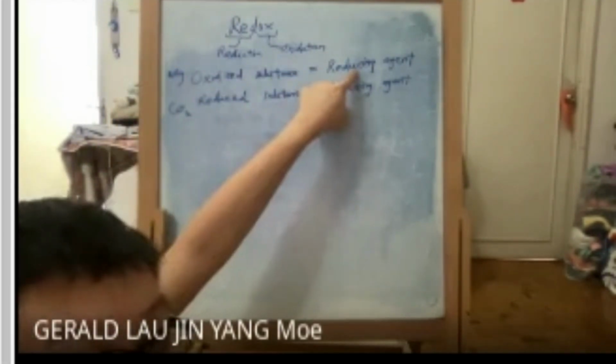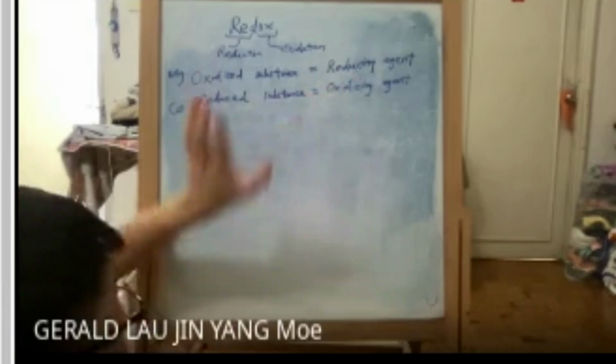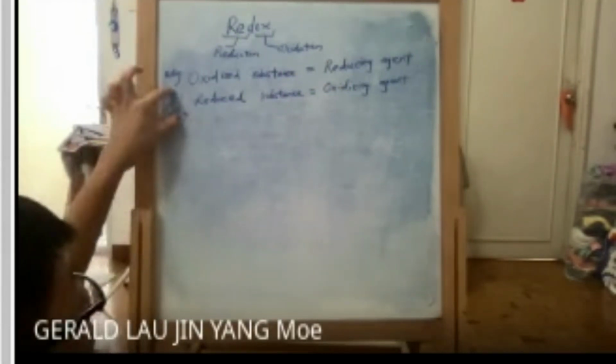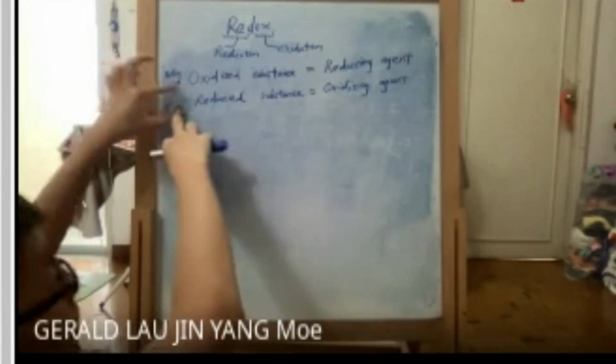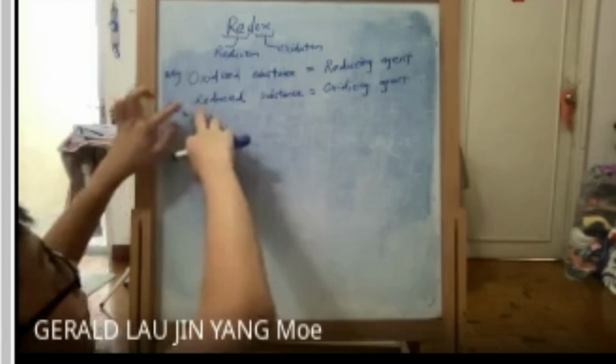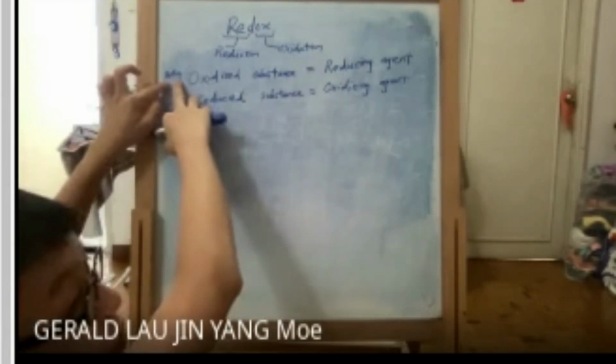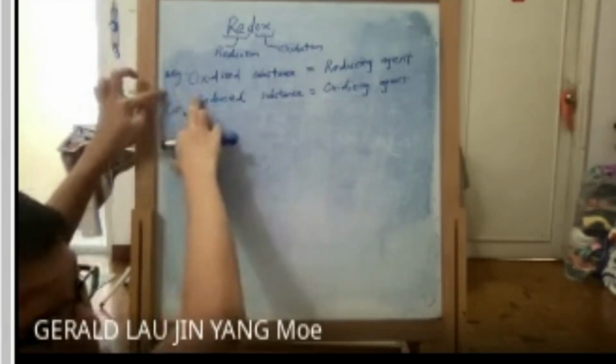That's why it's called a reducing agent. Same thing the opposite way. Carbon dioxide will undergo reduction to lose the oxygen, but because of this carbon dioxide, it causes the magnesium to oxidize. It gives magnesium oxygen. That's why it's called the oxidizing agent.